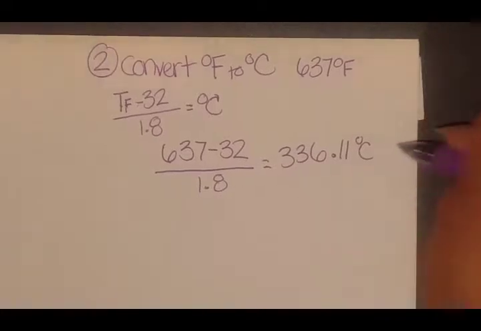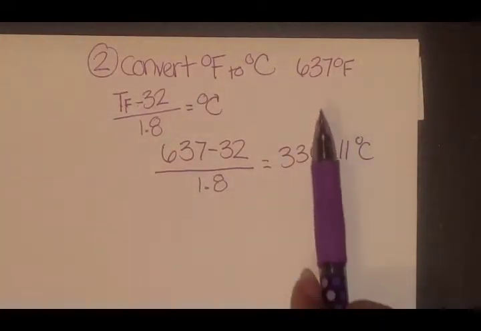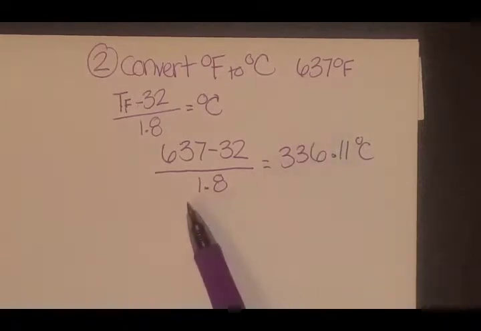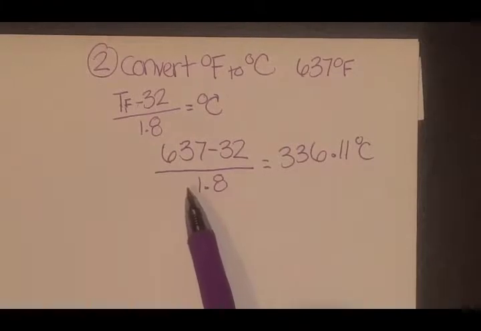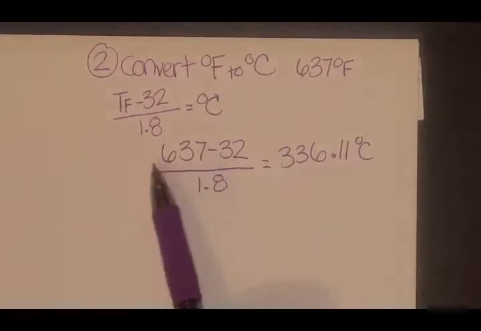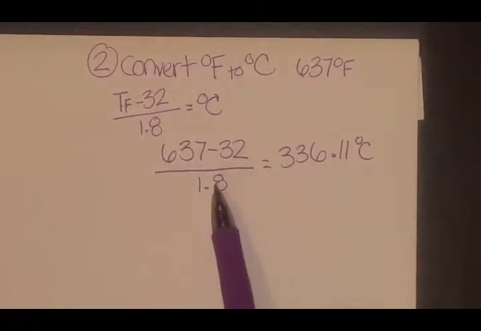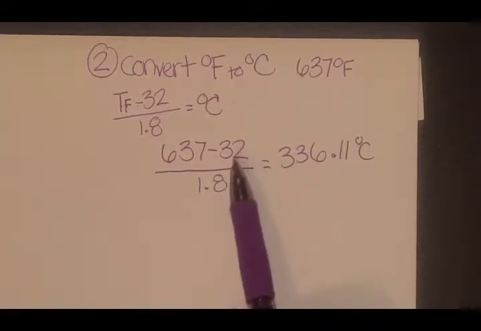degrees Celsius. But you always want to look at the significant figures that you are given. For this problem, we have 3 significant figures. You wouldn't use these figures because these are exact numbers.